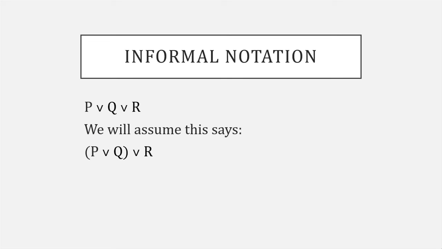And it's fine because the truth values of those come out the same. Same thing with ands. P and Q and R, that whole thing is true if P is true and Q is true and R is true, and false in any other scenario. If any of those three fail to be true, the whole thing comes out as false. And it doesn't matter where you put the brackets, that's still going to be true.